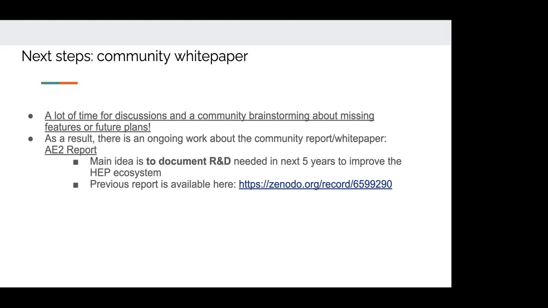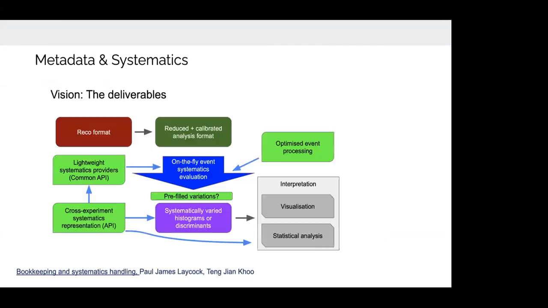Thank you. I have a second question. At the end of your talk, you talked about what common problems are right now, like the metadata, and you also mentioned systematics. But what do you exactly mean here by systematics?